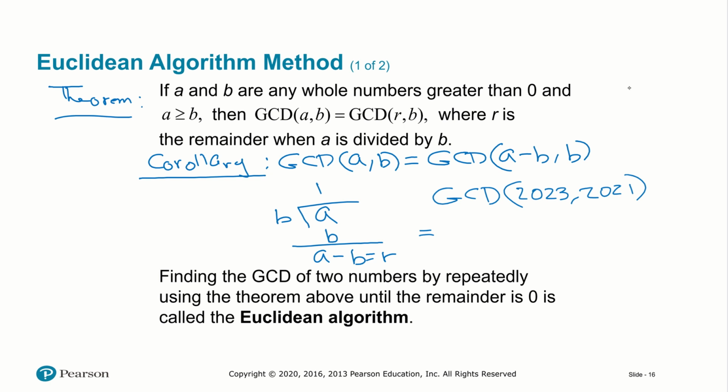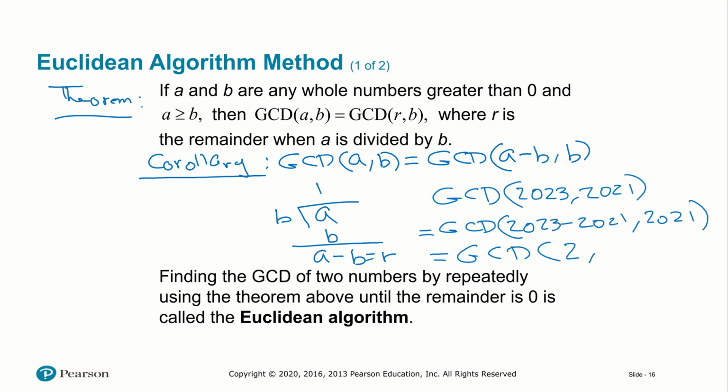All right. So it's going to be the same as the GCD of the difference between the two numbers, of course, the larger number minus the smaller number, and the smaller number. Now, that means it's going to be the GCD of, remember, 2023 minus 2021, that's just 2, and 2021.